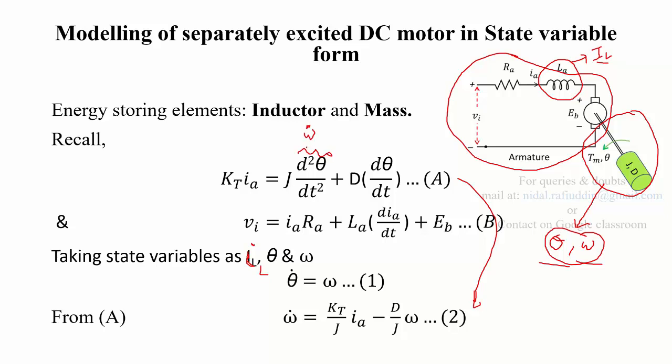So omega dot will be written in terms of state variables theta, omega, and Ia, and no other variable. We see that Ia is here, omega is here. So this becomes equation 2. And again from equation B, you write Ia dot in terms of minus Ra by La Ia minus EB plus 1 upon La Vi.